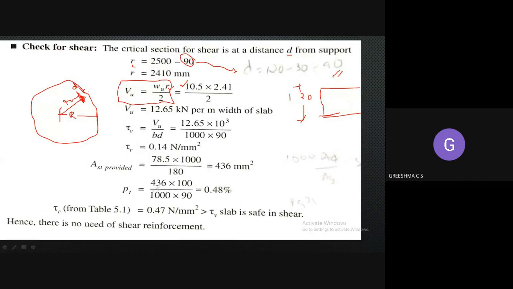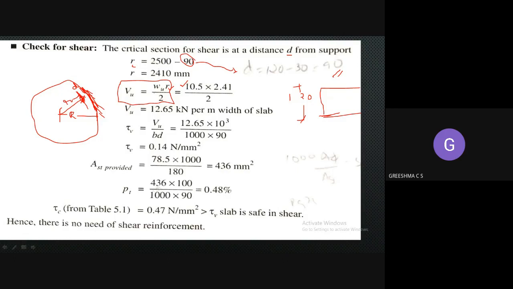This is the support, and there is another support. At a distance of d from this support, you have the maximum shear force. So here you have to calculate the shear force at the critical section.